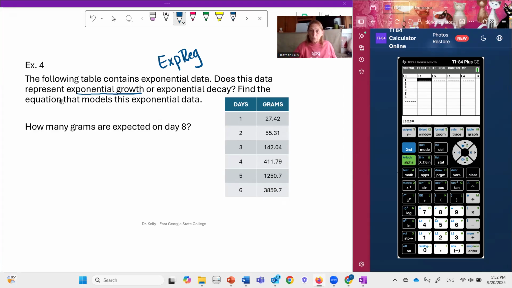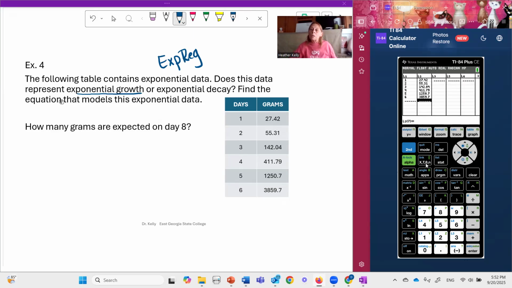And then let's go over here to the second list: 27.42, 55.31, 142.04, 411.79, 1250.7, 3859.7. Okay, make sure they're all in there.